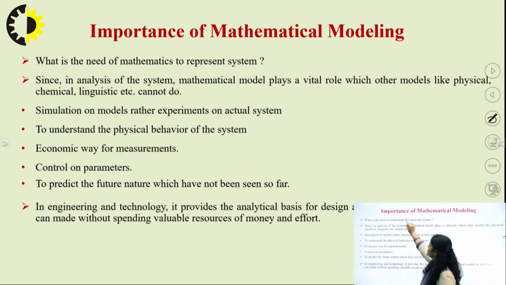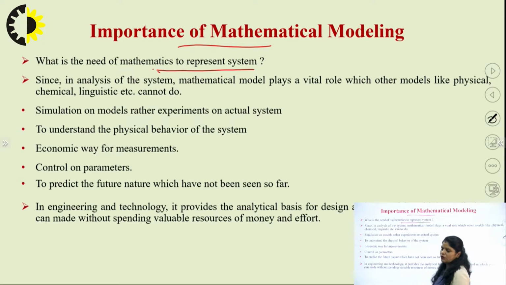Now we will discuss the importance of mathematical modeling. What is the need of mathematics to represent the system? If we want to understand the system, we have to identify the different variables associated with it, and we can relate the impact of these variables on each other with the help of mathematical formulas.